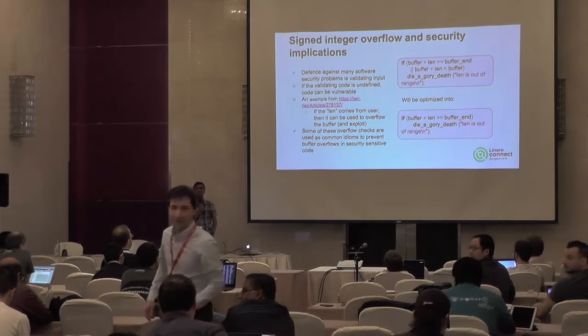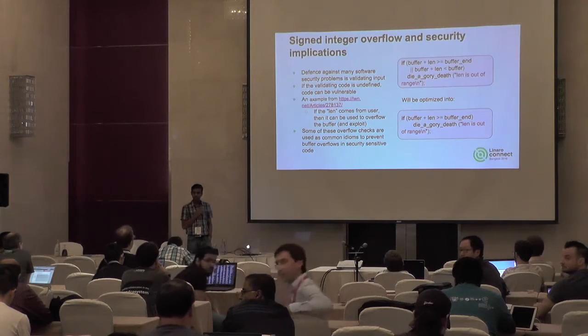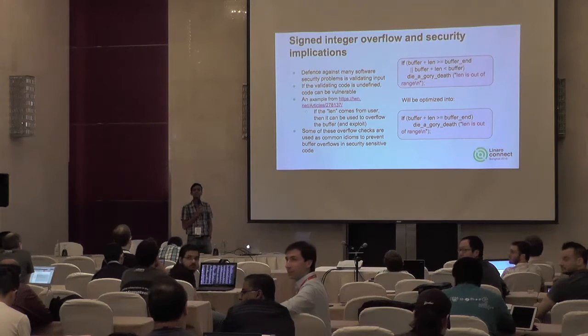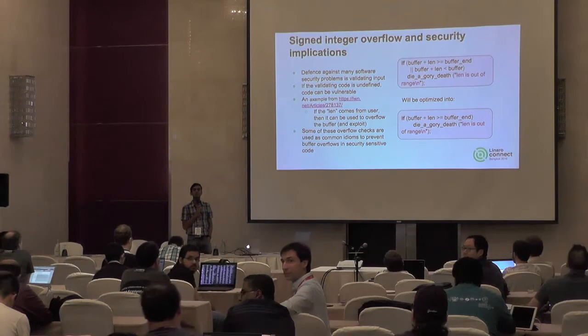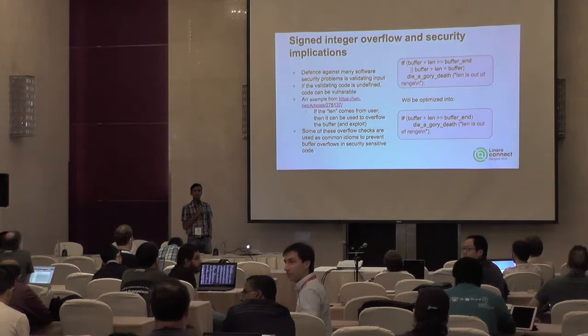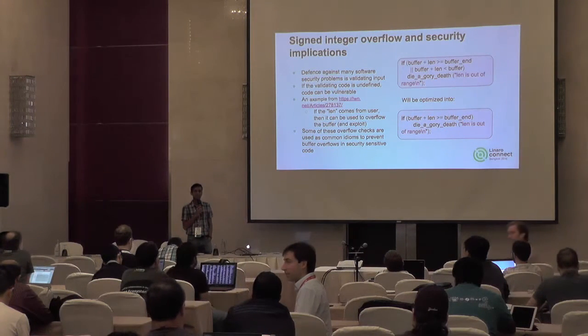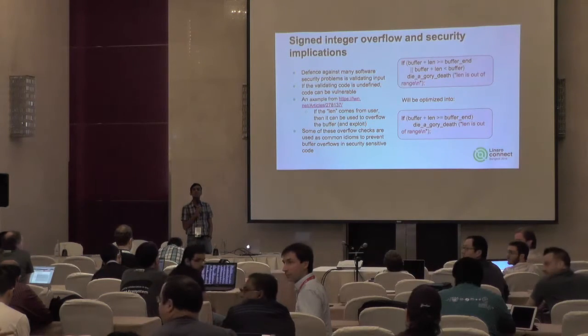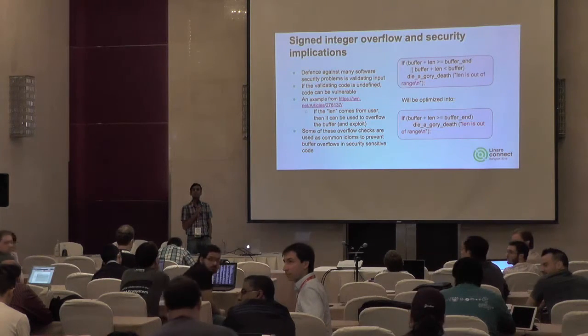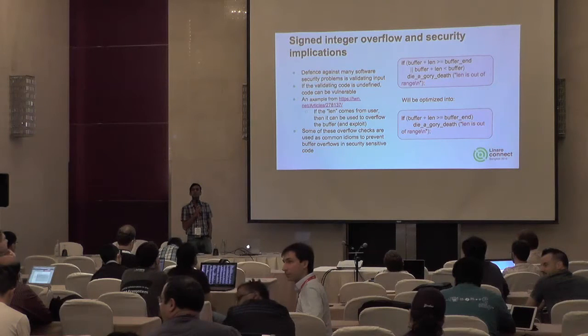So the original code was trying to detect the pointer overflow of a malicious length passed in, but the compiler, in this particular case when optimizing, removes the check because of the undefined behavior that we're talking about. So the comparison it eliminates is not a signed comparison.